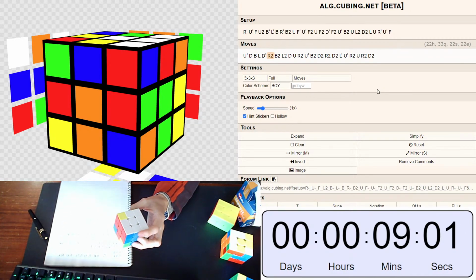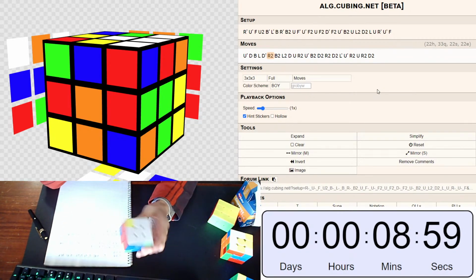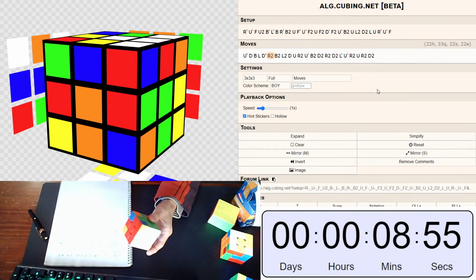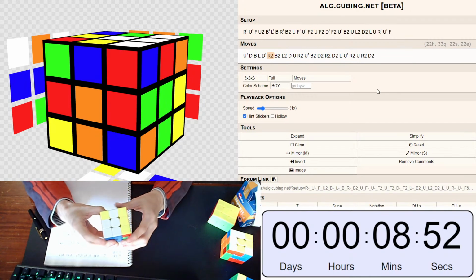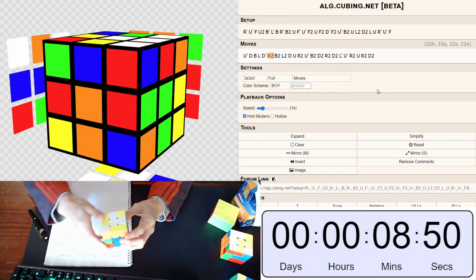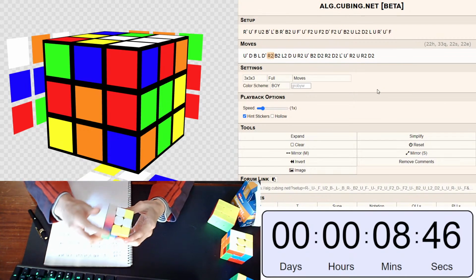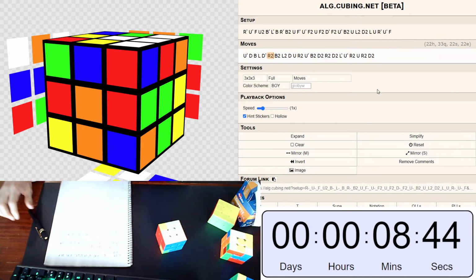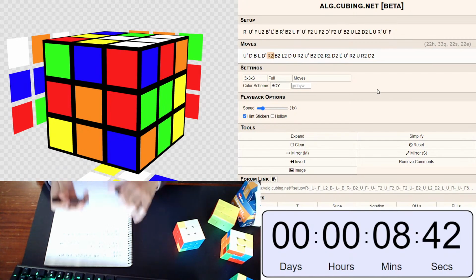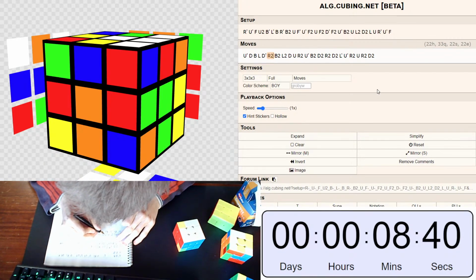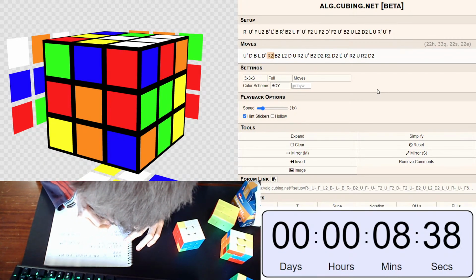No, not really. I can do this: L2 U R2. No. U R2 U prime L2. It's 8 minus 0. So I'll put that as an option. 1, 1, 8 minus 0.